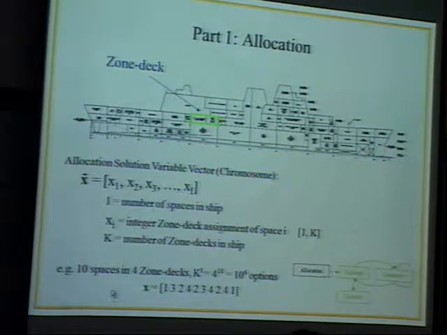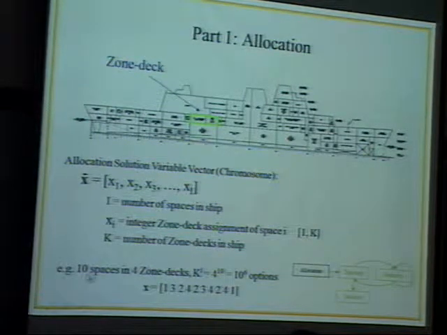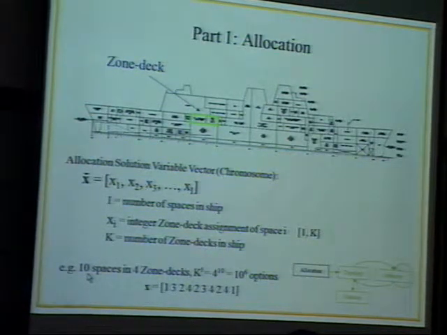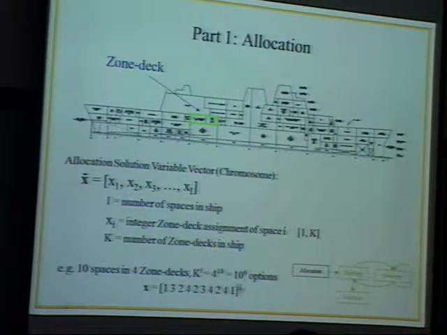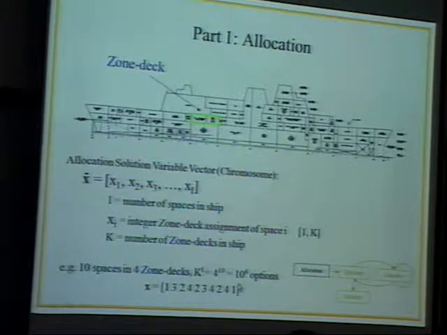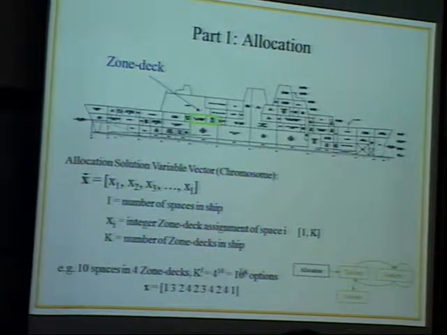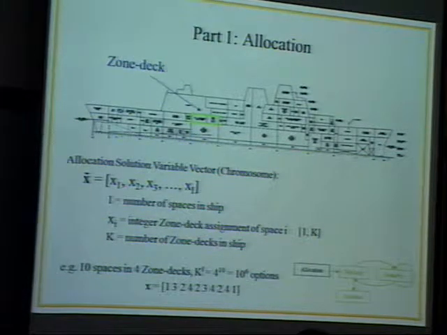Okay, and think of the combination. If, for example, there are 10 spaces in 4 zone decks, then it should be equal to 10 to the power of 6 options. So virtually impossible to do the combinatorial search.